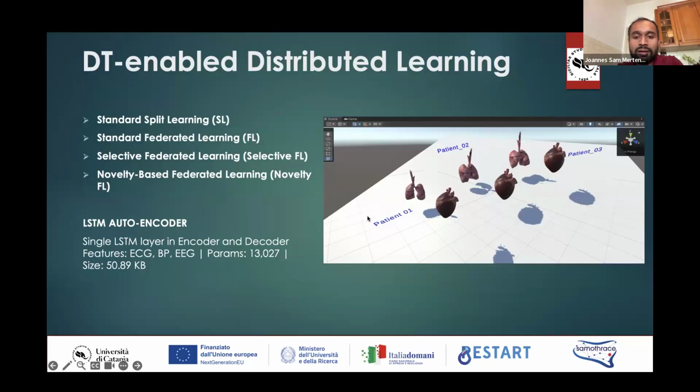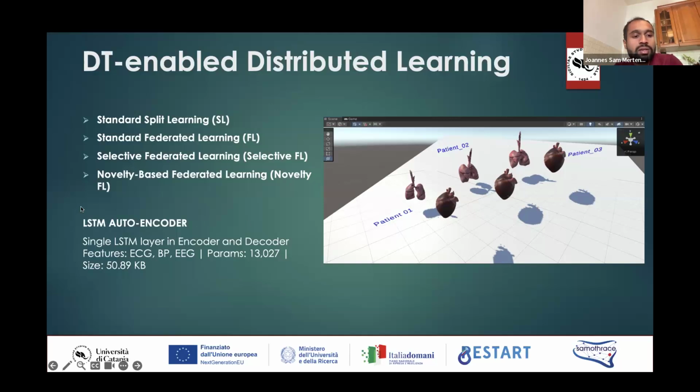So meaning that each patient is going to have a digital twin, and each digital twin is going to have a personalized LSTM autoencoder, which in real time is receiving the heart rate and lungs data. And if this autoencoder detects any anomalies, that is, any irregularities in the patterns, it is going to alert the doctor or the patient.